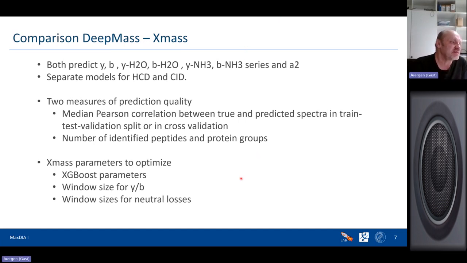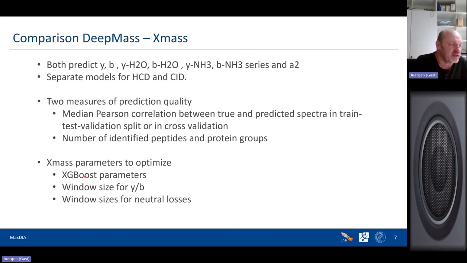And so what are the parameters of the XMOS algorithm that can be optimized? First of all, these are all the parameters relating to the XGBoost algorithm itself. XGBoost is a tree-based method that is very popular for doing machine learning nowadays.